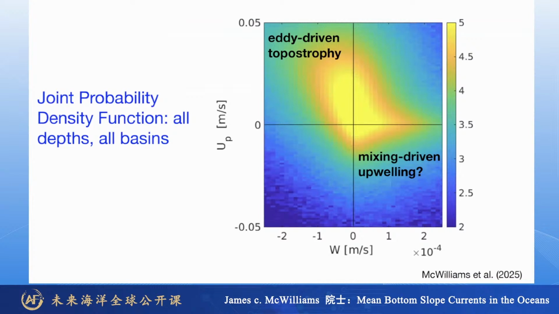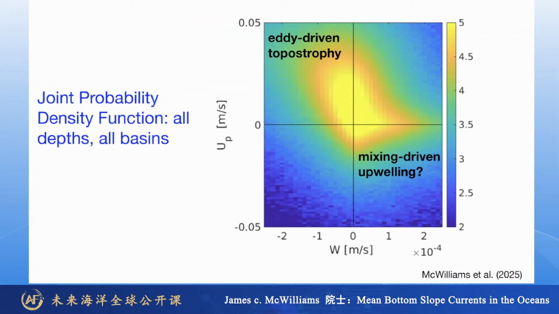But there is another probable situation, which is along the positive x-axis, where the prograde flow is weak and the vertical velocity is upward. And in the absence of better interpretations, this, I think, is likely to be associated with mixing-driven upwelling.